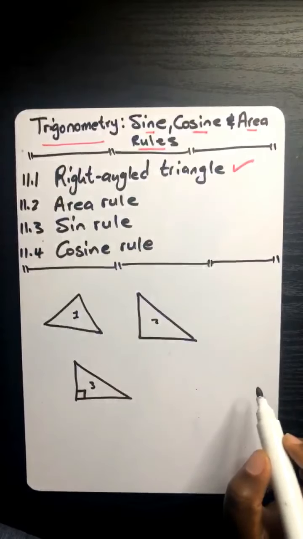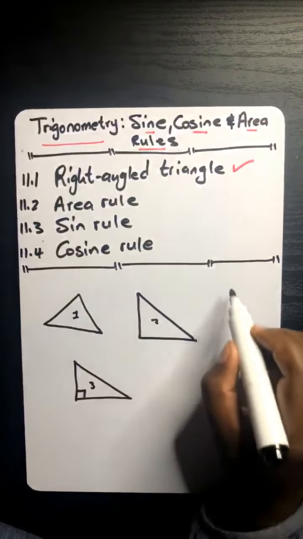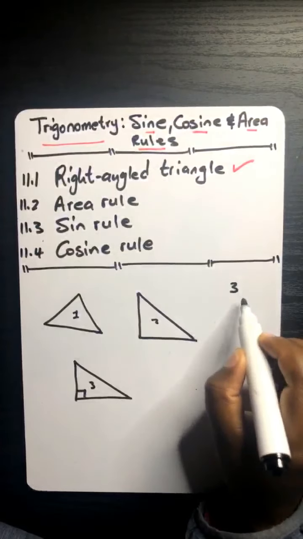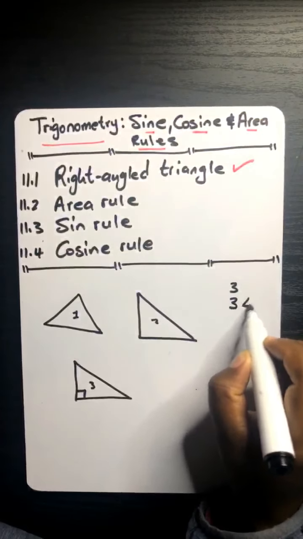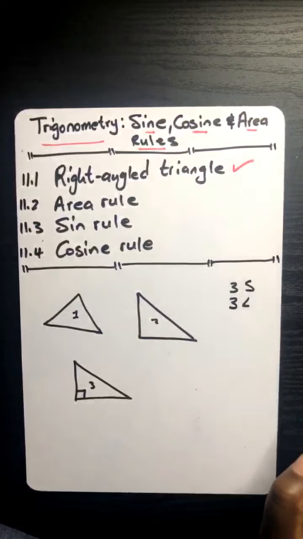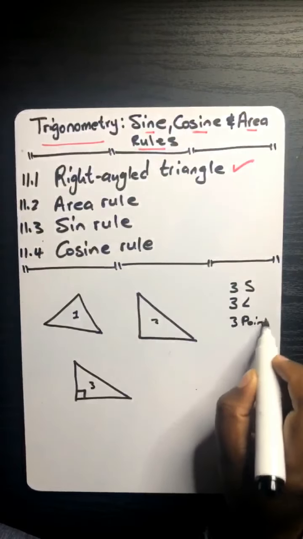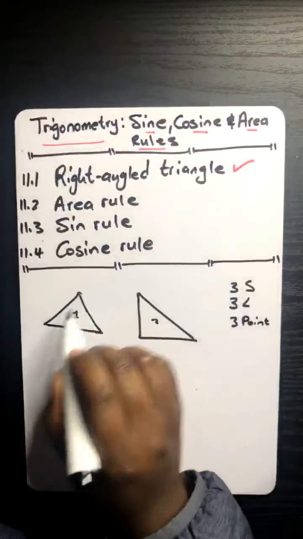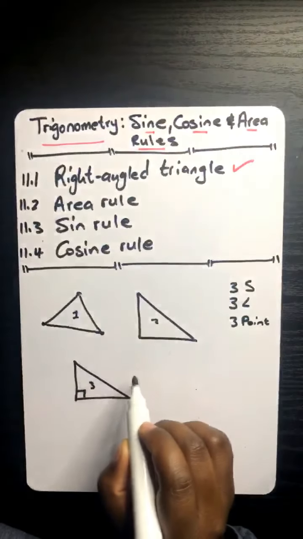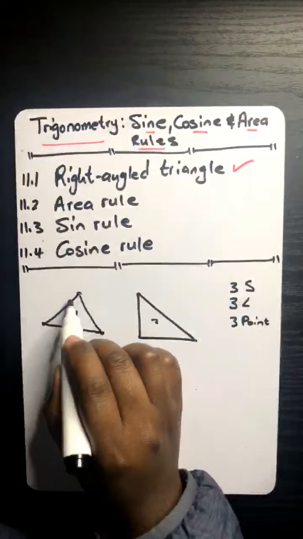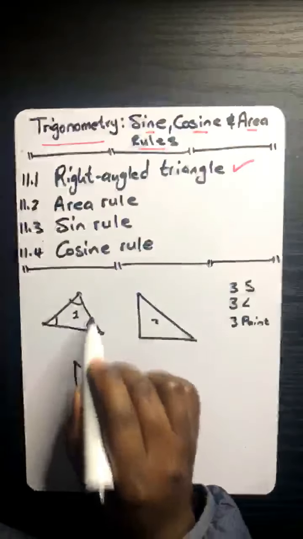What is a triangle? A triangle has 3 sides and 3 angles. Very much important, ladies and gentlemen. And also, it has 3 points. For example, there's a point, there's a point, there's a point. 3 points, 3 angles, and 3 sides.